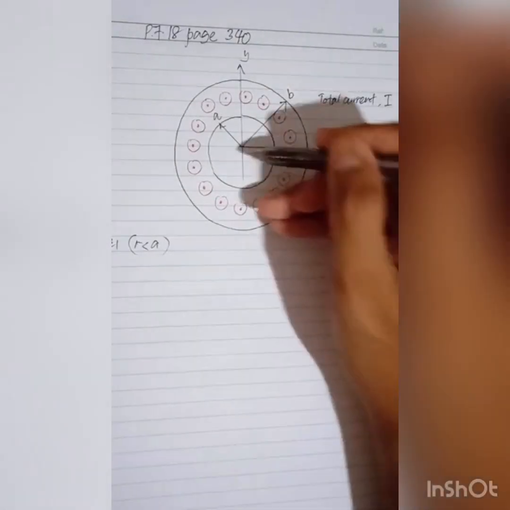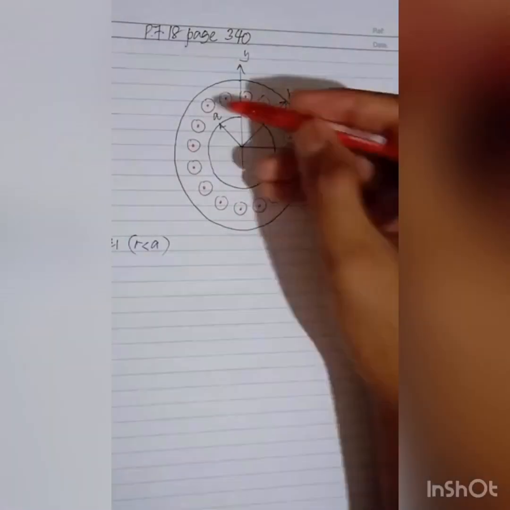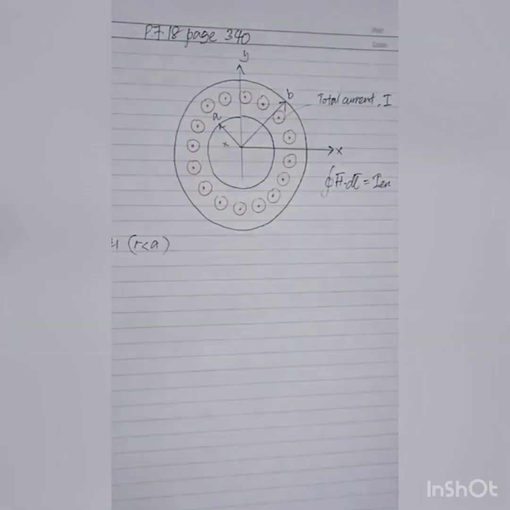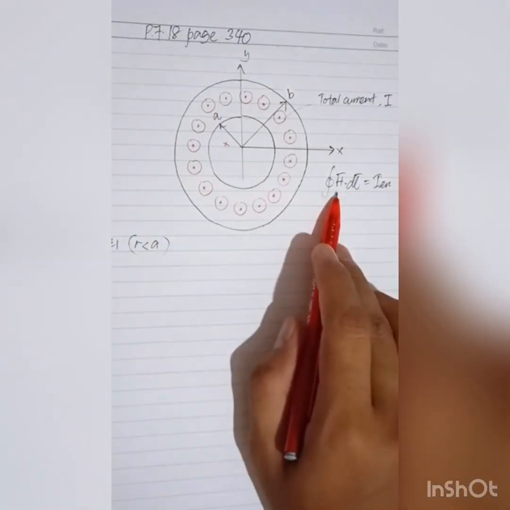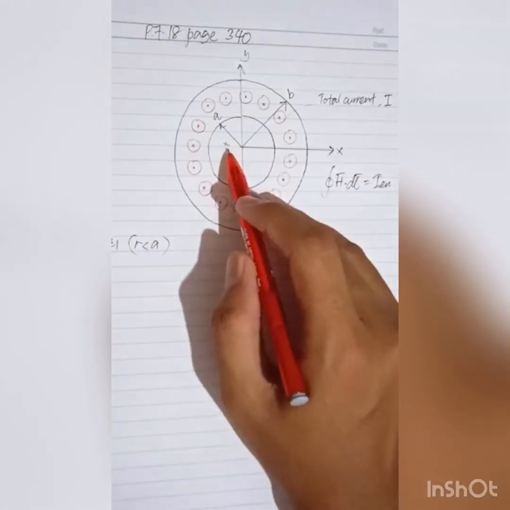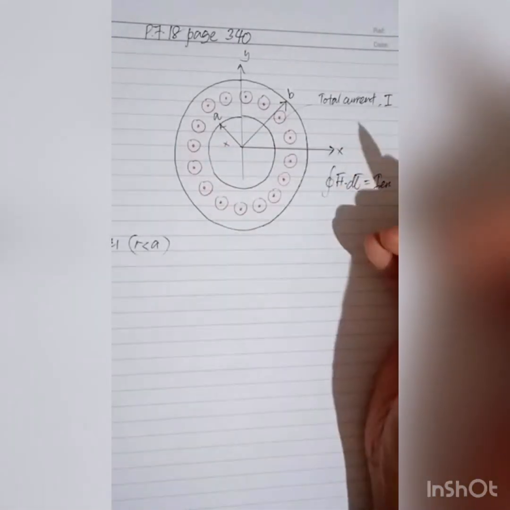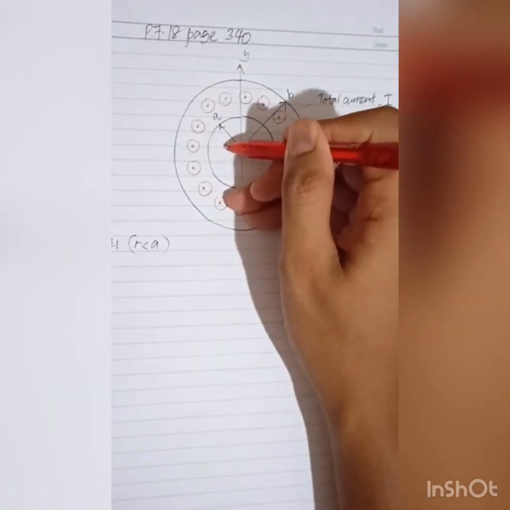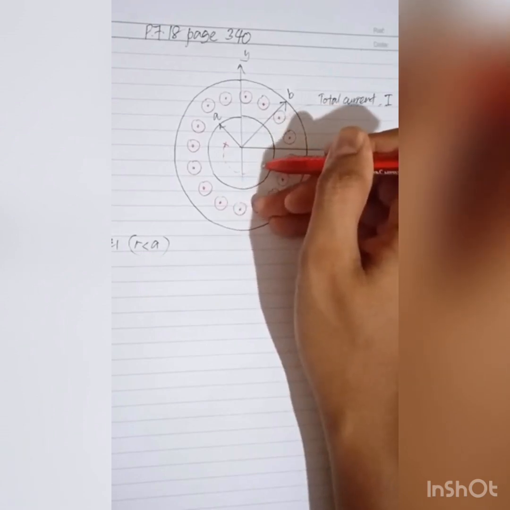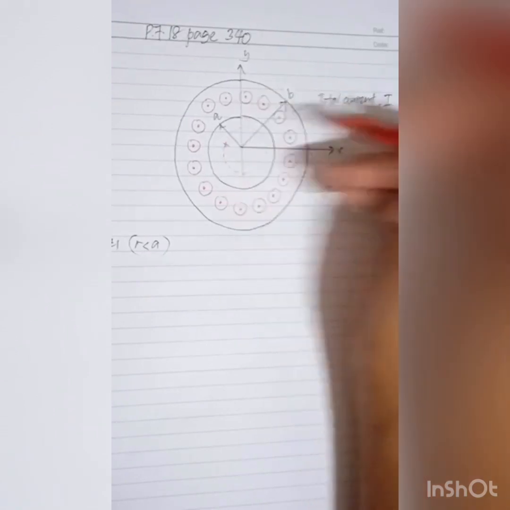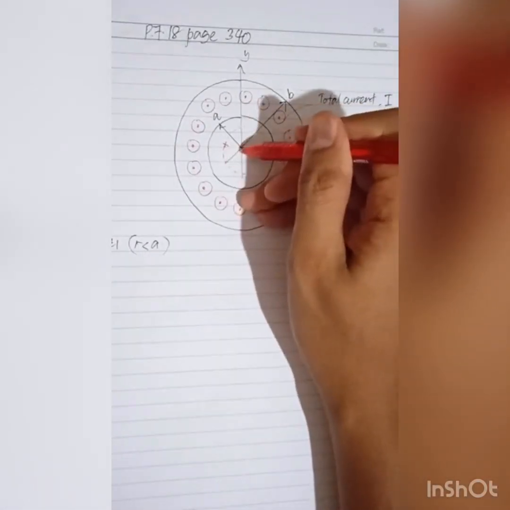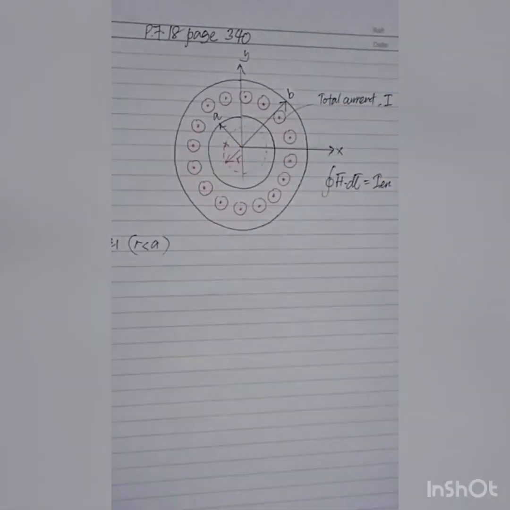Let's say I choose this particular point as our point of interest. To apply ACL, we need to draw our Amperian loop that must pass through the point and also must be closed. So let's say this is my Amperian loop, closed and passing through the point of interest, at a certain distance R.